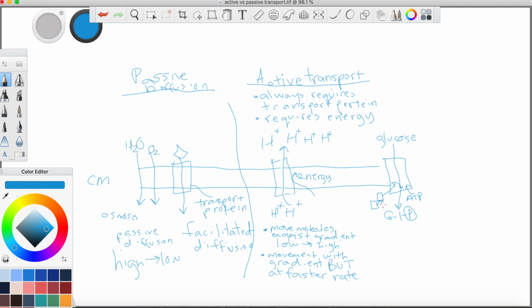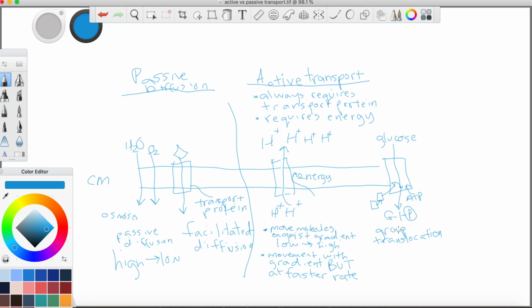And because there are multiple enzymes involved in the transport of this protein, we call this form of active transport group translocation. I'll put that down here. Group translocation. So it moves something, translocates it from one side of the membrane to the other.